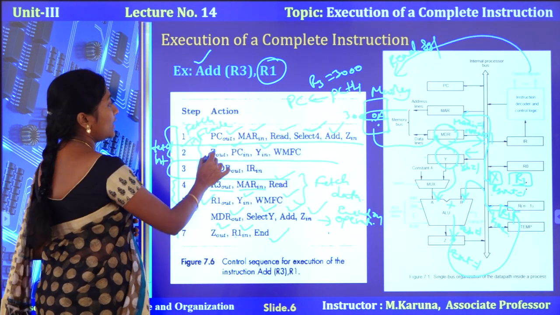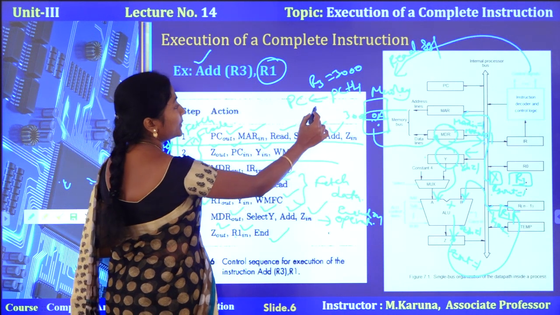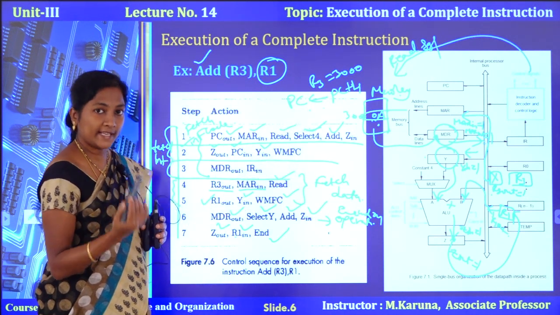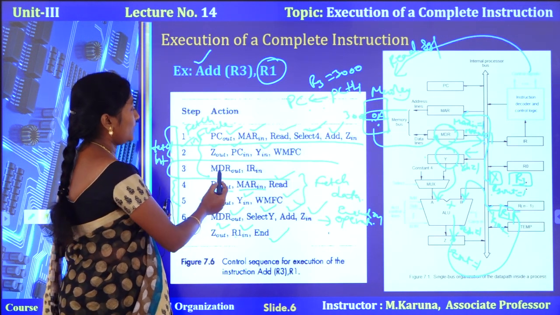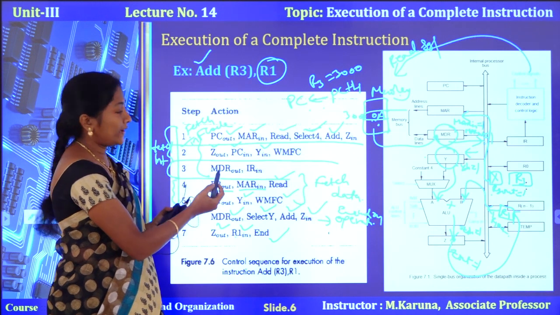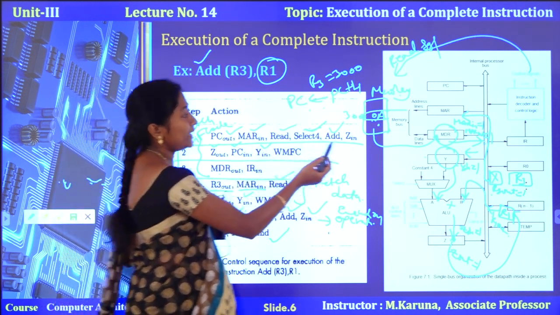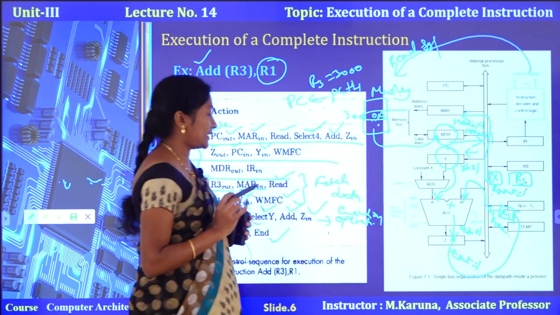Then Z out. So all these actions are required to update the program counter for storing the address of the next instruction. And then whatever the instruction code available at that address, that will be loaded into MDR register and then transferred to the instruction register.